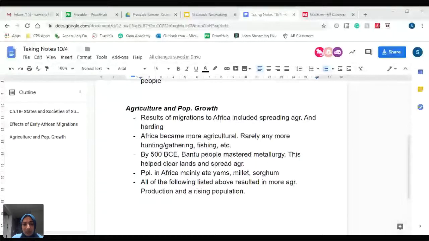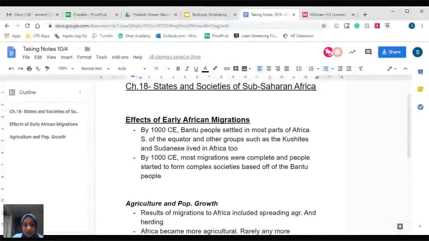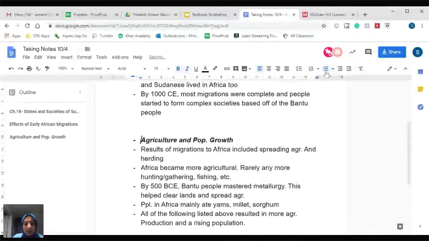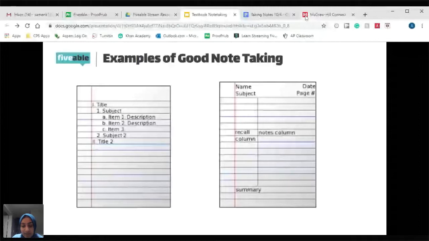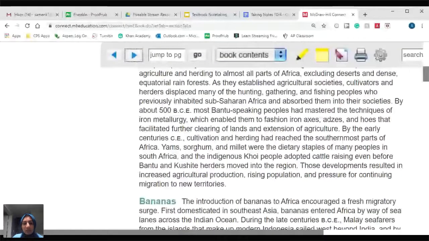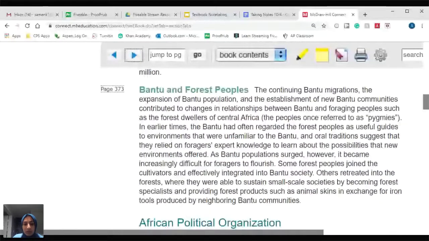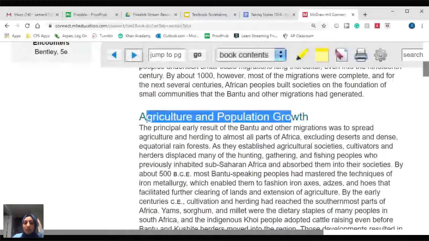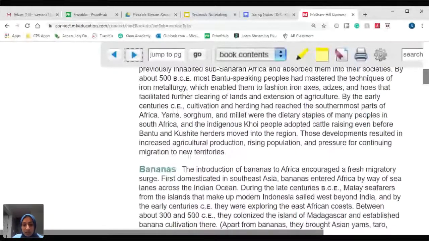So now we have the effects of early African migrations, and this little sub-point of agriculture and population growth. Now we're going to go back here. This is also part of agriculture and population growth. As we look here, we see bananas.